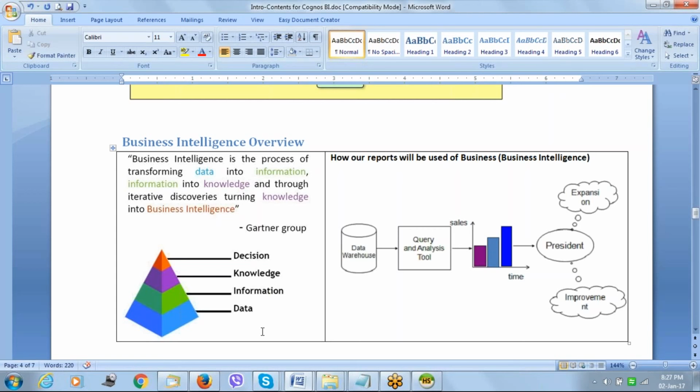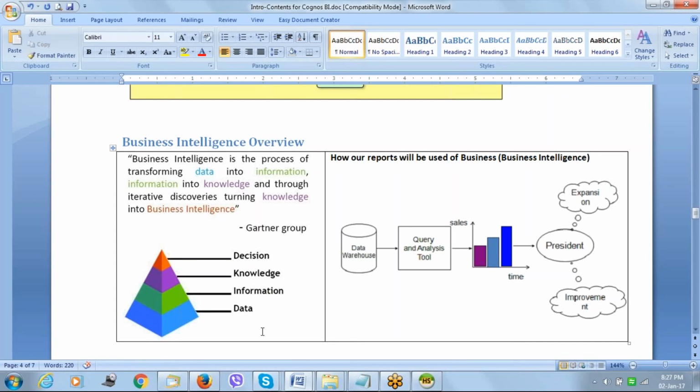For example, we have sales data. There is a shop where we have all the sales data. We will use the existing data and create a report, which gives some information.